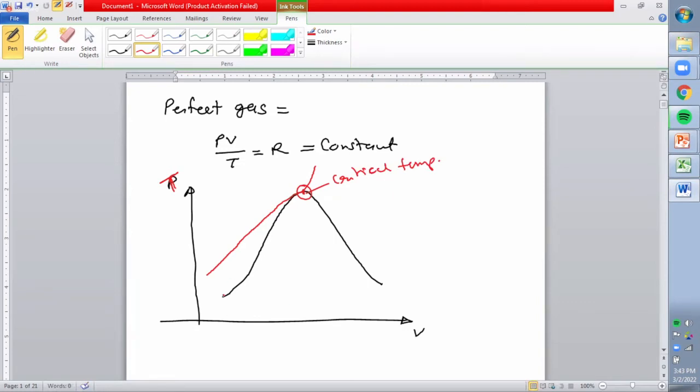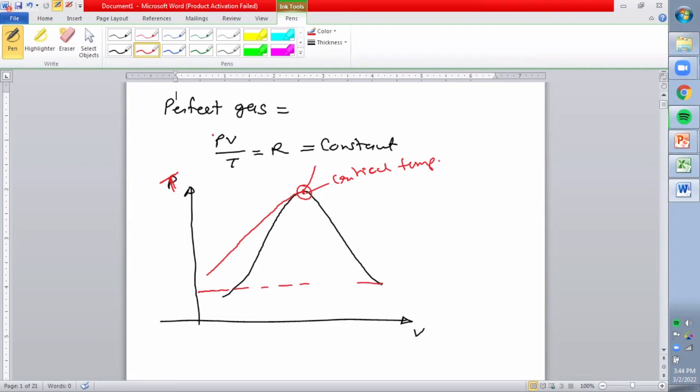At very high temperature and very low pressure, the vapor of the fluid obeys this ratio, PV by T.